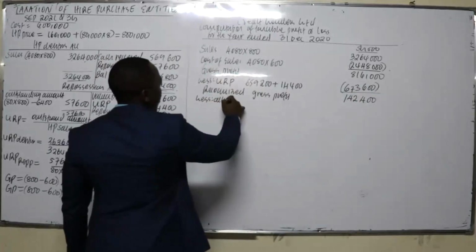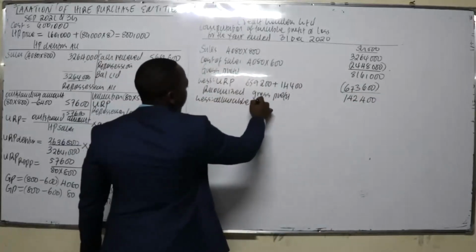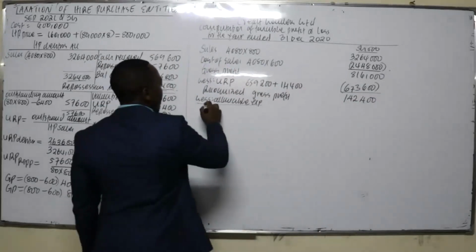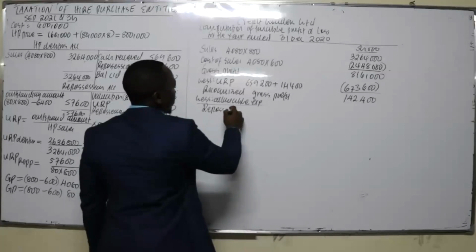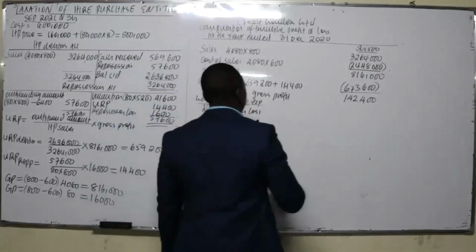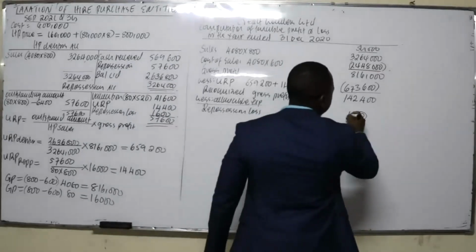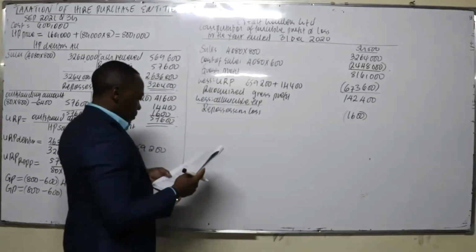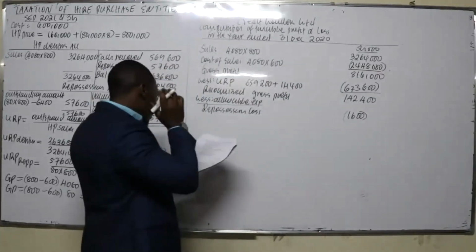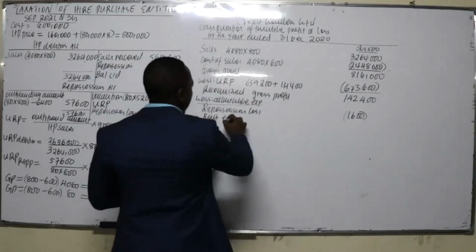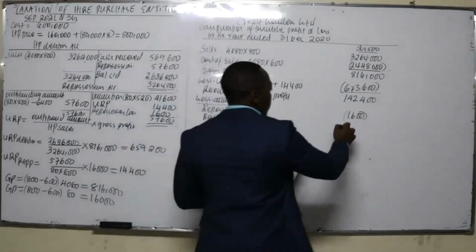Less allowable expenses. 1, there is repossession loss. That one is an operating loss. Repossession loss, an amount of 1.6. Note number 5, expenses incurred in the course of the year included: also, there was rent expenses, an amount of 420.